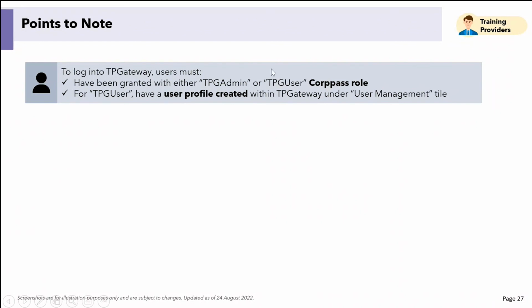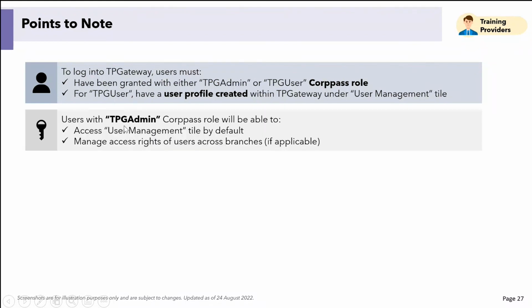And for those users who have been granted the TP Gateway user role, they need to make sure that the TP Gateway admin creates a user profile for them within TP Gateway under the user management tile, which was what I just showed earlier on. Okay, so the TP Gateway user can only log in to TP Gateway after this profile has been created.